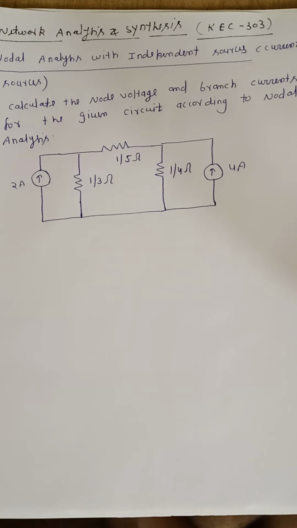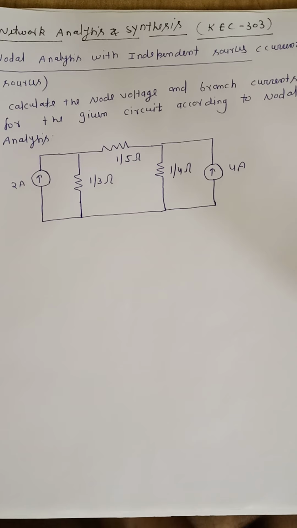In the first step, we select a node as the reference node. After that, we assign voltages to the remaining nodes. The voltages are referenced with respect to the reference node. This is step 1.